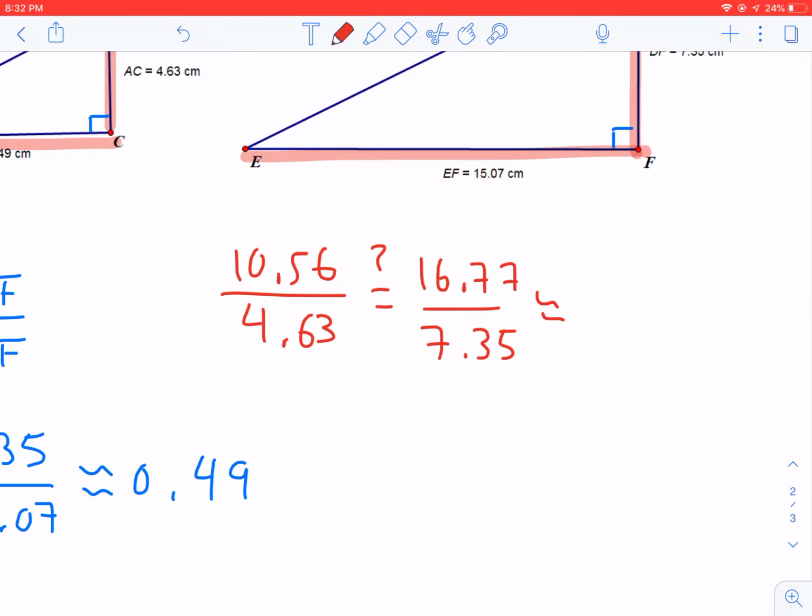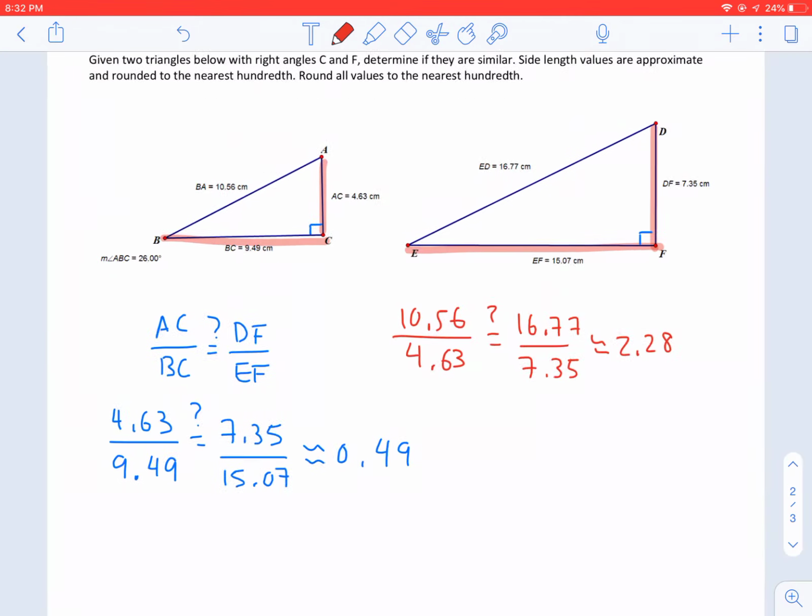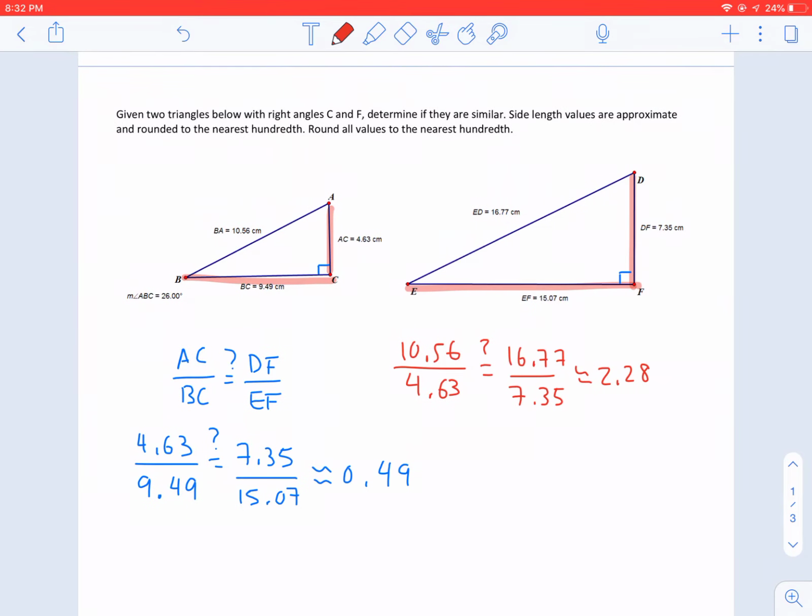And let me check that out. So 16.77 divided by 7.35. And if you do both of them, they're both going to be the same proportion, around 2.28.